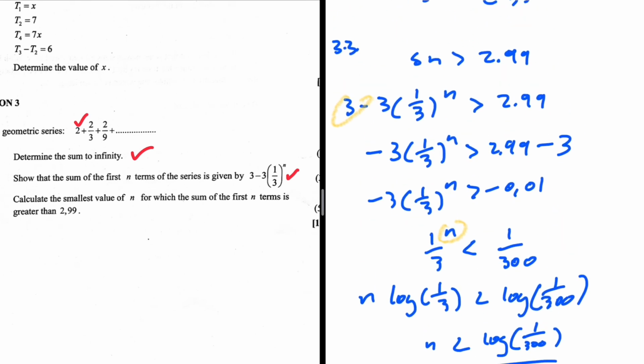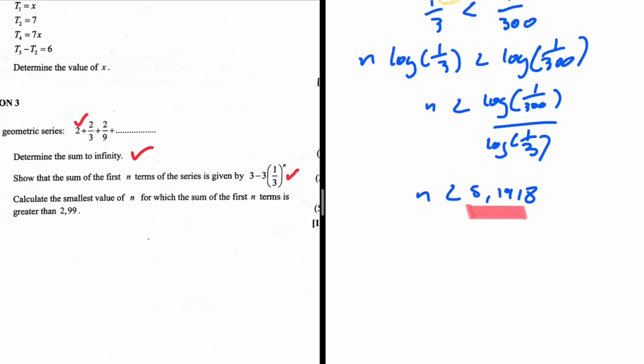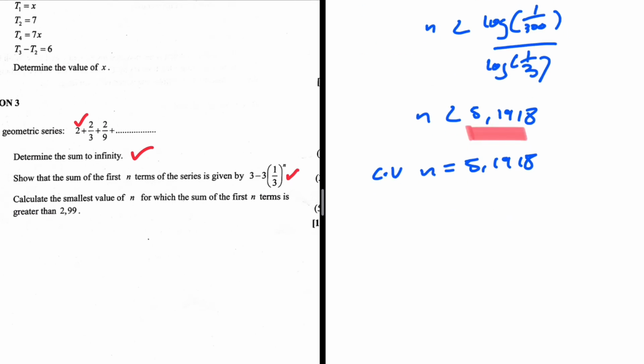Should I have said critical values and change the inequality sign to an equals sign and then figure it out manually? Okay, let me just say that the critical value n is equal to 5.1918. Now I will figure out whether I want my n to be greater than 5 or less than 5. Well, my n to be 5 going down or 5 going up.